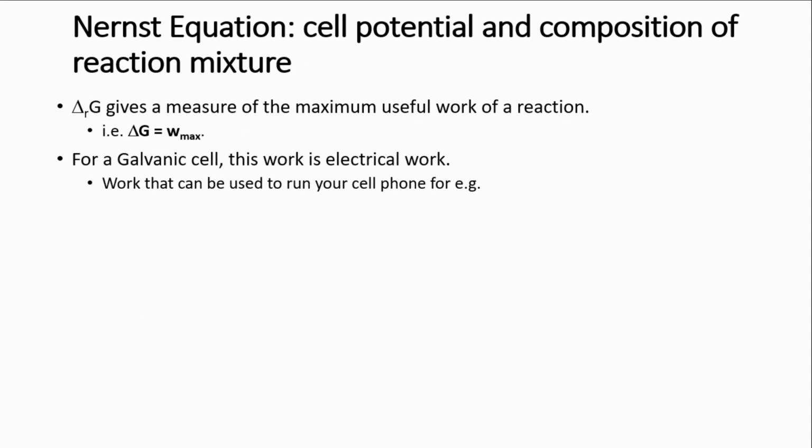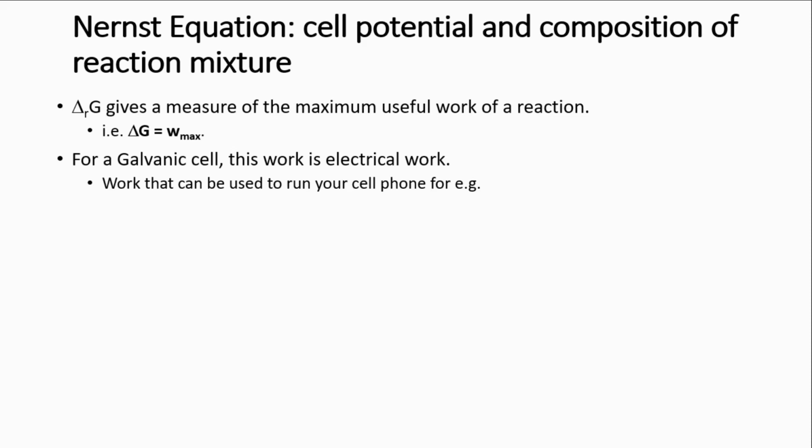Now, for a galvanic cell, this work is electrical work, right? Because we're dealing with an electrical system. What can be used to run your cell phone battery, for example? Work that can be used to run your cell phone.